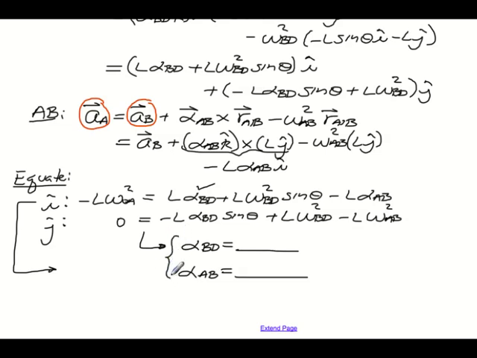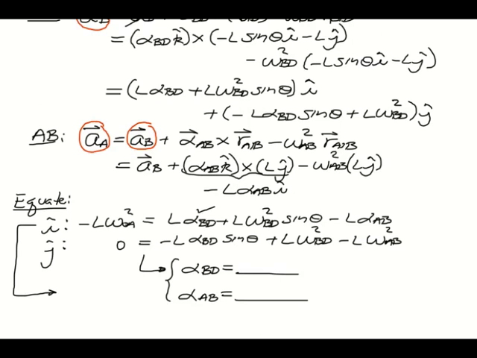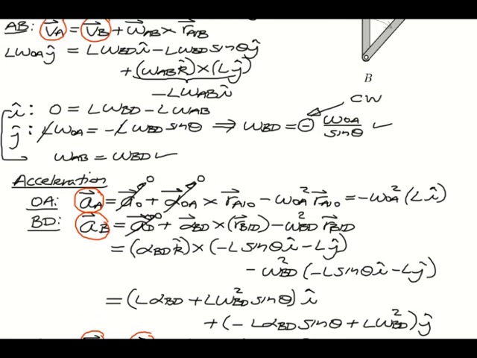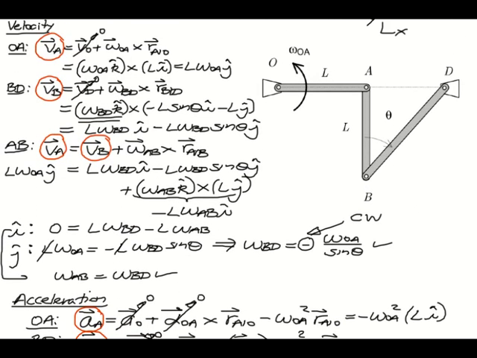So these two equations result from balancing out i and j components of the vector equation, which arises from taking our three vector equations, one for each link, and putting in the right expressions and balancing out i and j. Long problem. Not too surprising, because we knew right from the beginning there was going to be a lot of work.